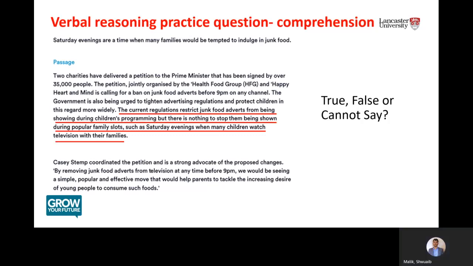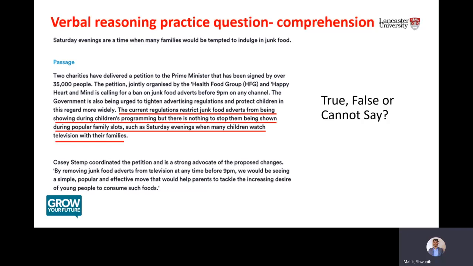However, does this imply, or does it say anywhere in particular, specifically, that Saturday evenings are a time when many families would necessarily be tempted to indulge in junk food? No. All we know is that there's a decent enough chance that families would be exposed to these adverts.